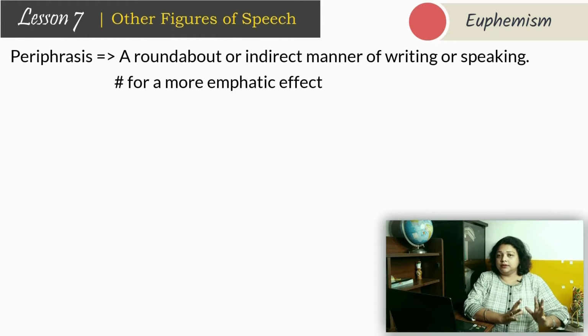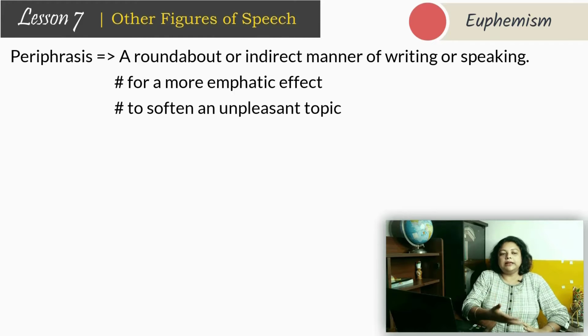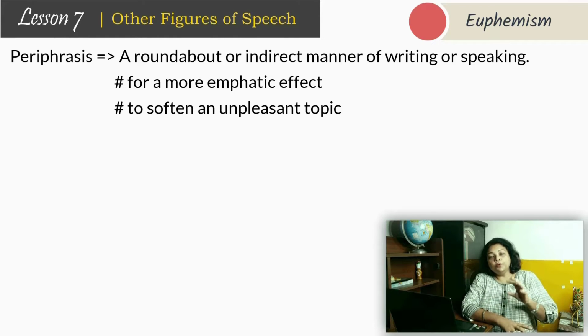Or the second use of periphrasis is to break certain news to someone which might be unpleasant to them if you say it to their face. So you use a roundabout way of delivering that news. Somebody is dead and you just say that he is resting in eternal peace. So that is periphrasis. But euphemism is a special kind of periphrasis where this second usage is seen.